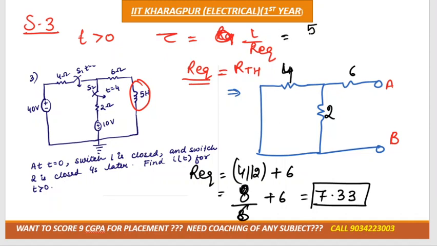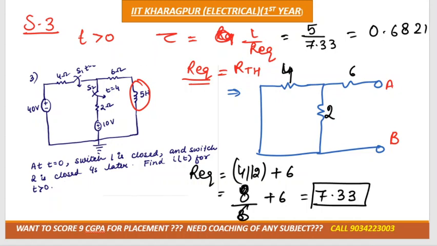Tau is L divided by R equivalent, 5 divided by 7.33, right? So how much is the value? 5 divided by 7.3. So it would be 0.681, 0.68. Yeah, they haven't given the answer for this.